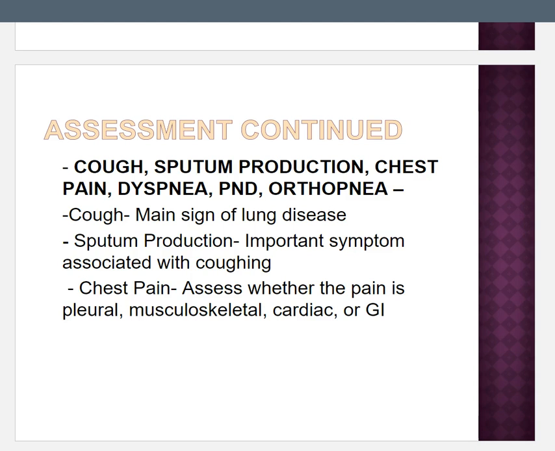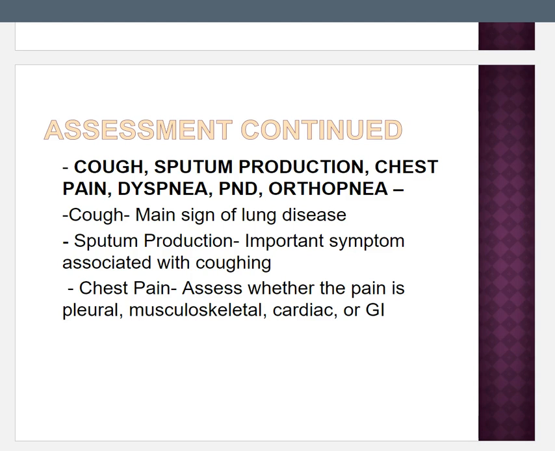Our patients who suffer from chronic bronchitis, one of the hallmark manifestations of that disease is quite a lot of sputum production, and that is more of a mucoid sputum. When we have excessive pink noted in our patient's sputum, we're talking about pulmonary edema.